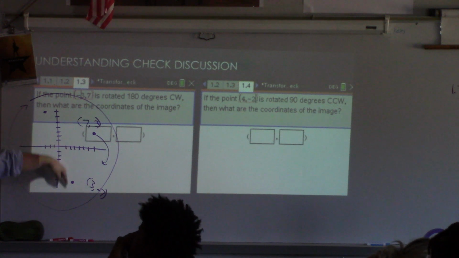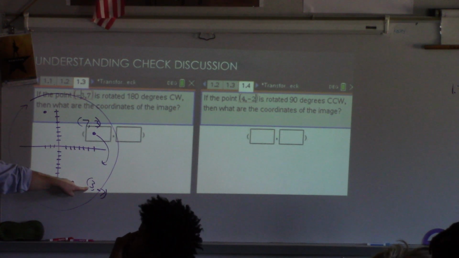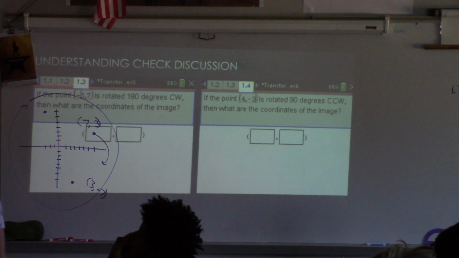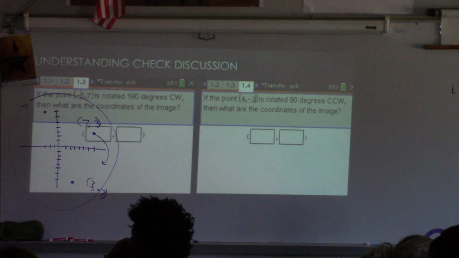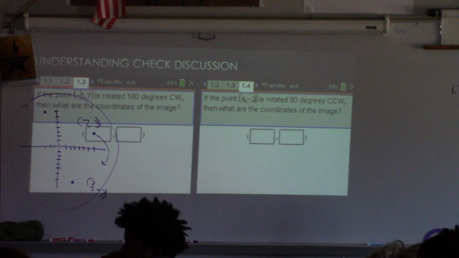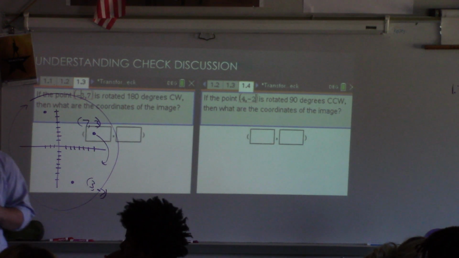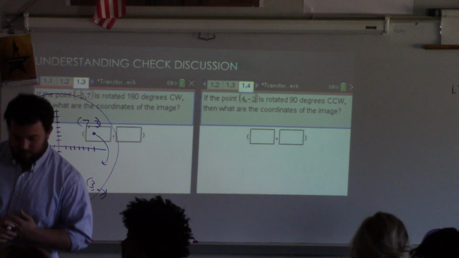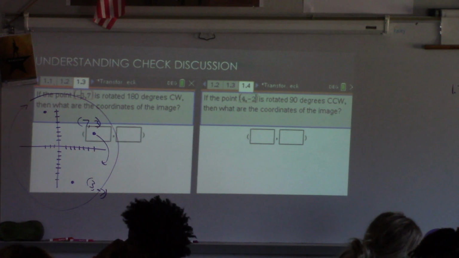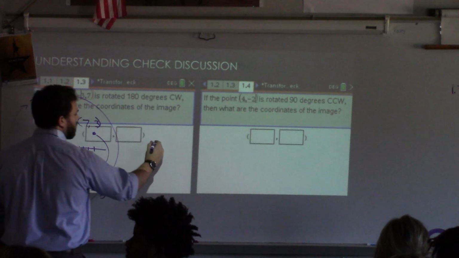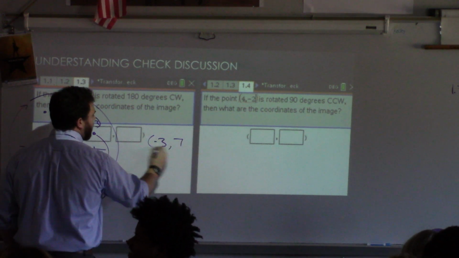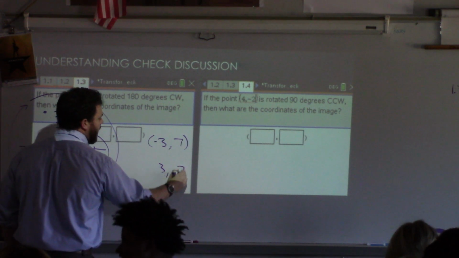It's to the right 3 and down 7. To the right 3 is positive, down 7 is negative. Alright? I will point this out though. It went from a negative 3, 7 to a 3, negative 7.